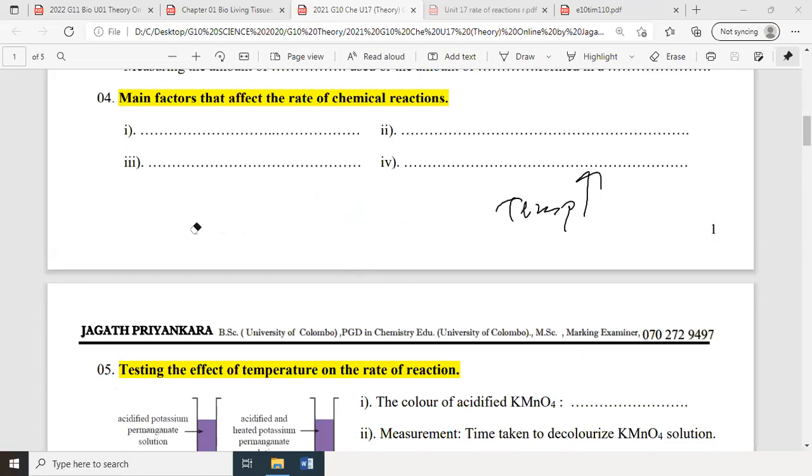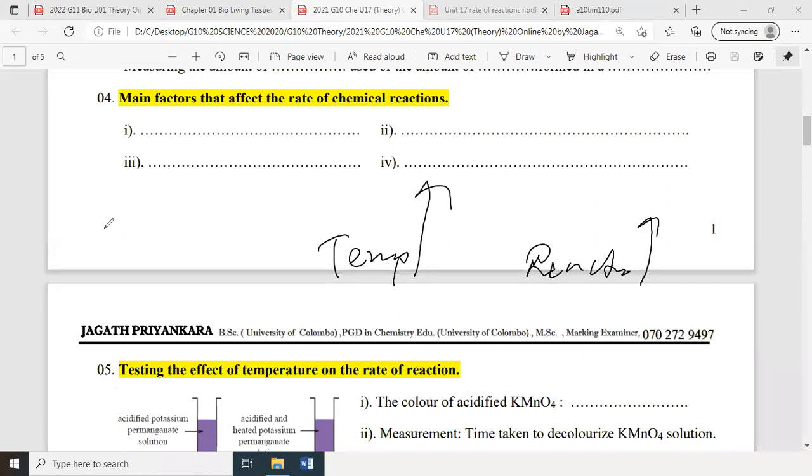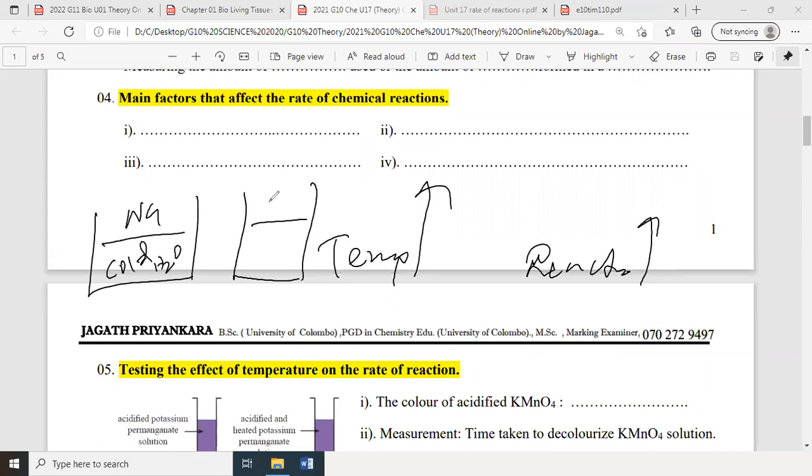Because when the temperature increases, some reactions can slow down, but on the other hand, in chemical reactions, when you increase the temperature, the reaction occurs fast. Example, when you put a piece of sodium into hot water, it's so dangerous. If you put it into cold water and hot water, in which one does it react fast?